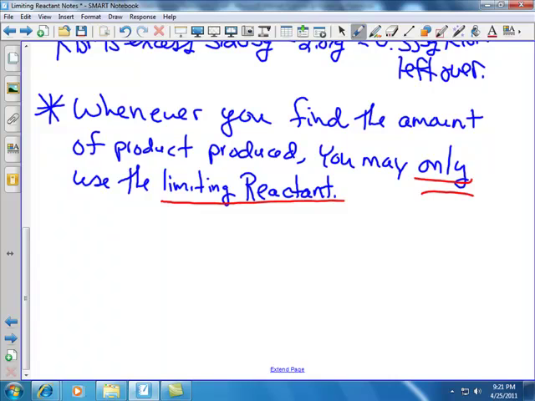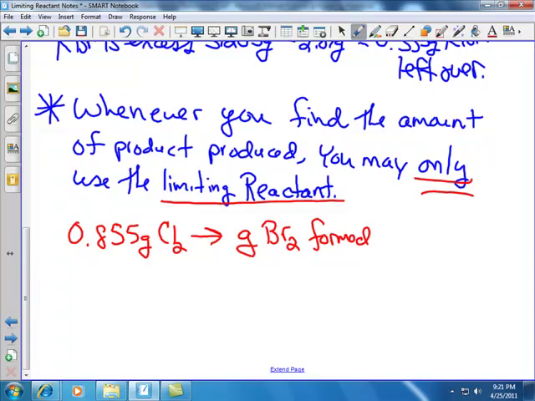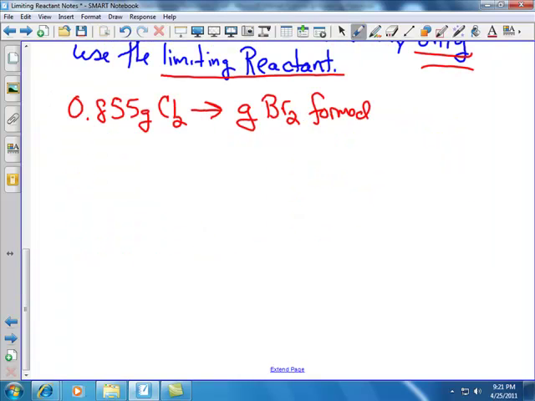So in this case, what I want to do is take my 0.855 grams of chlorine, and find out how many grams of Br2 are formed. So this is just a straight old standard stoich problem. Okay? So, set this up, mass to mass.